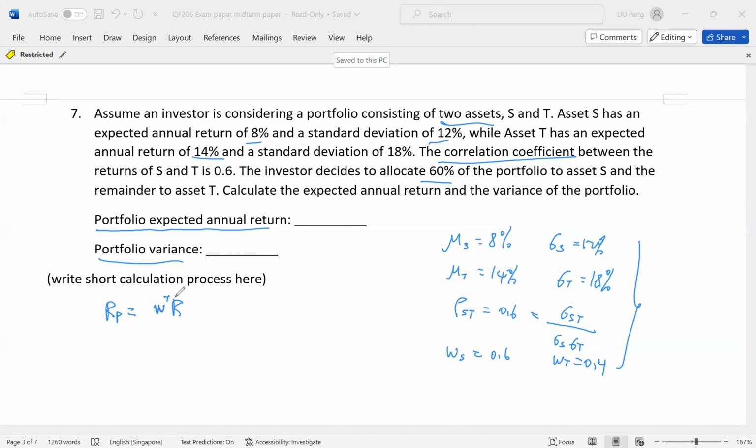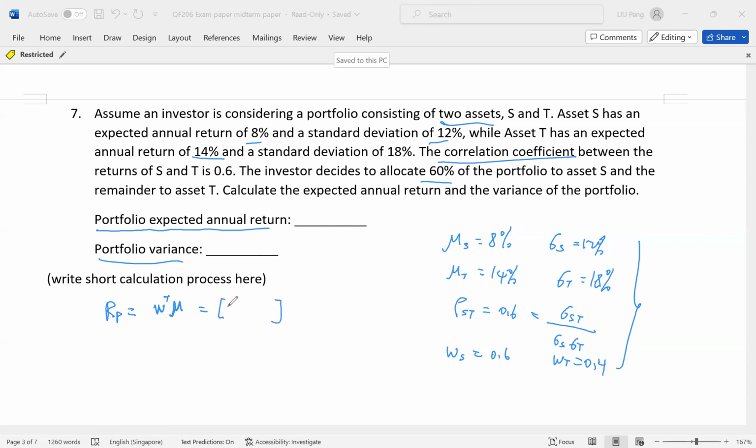So this should be mu. Let me erase it. It's not a random variable, so here it should be expectation. This mu essentially is a vector that contains these two values, right? So I'm just going to do this to lay out the calculation here.